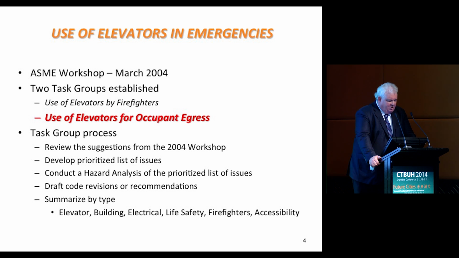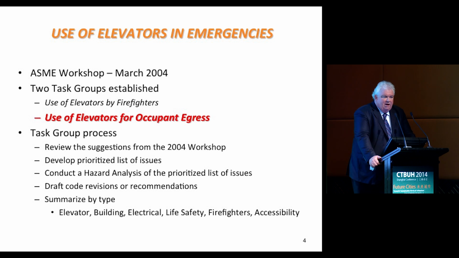develop a prioritized list of those issues, and then conduct a hazard analysis of the prioritized list. From the hazard analysis, they would take the corrective actions that were developed, and from there develop either code recommendations or actual language that could be proposed to the code committees.